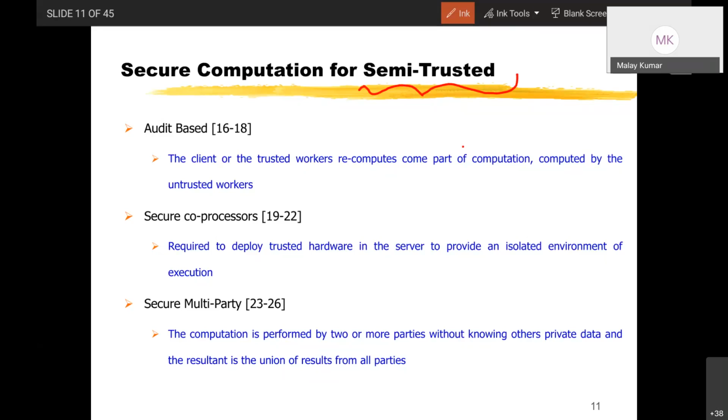There may be an issue of confidentiality in the cloud environment, but no issue of integrity. However, many published works say that confidentiality is an issue, and at the same time integrity is also an issue. So first, let us discuss the semi-trusted model.